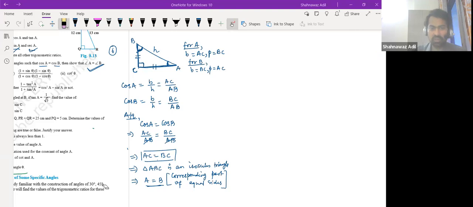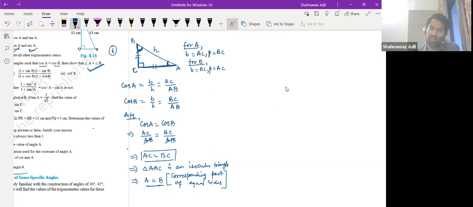Here we have cos A equal to cos B. Can we cancel the cos and get A equal to B? Yes, we can cancel directly, you are absolutely right, because these are the same functions. But we have to show it geometrically.